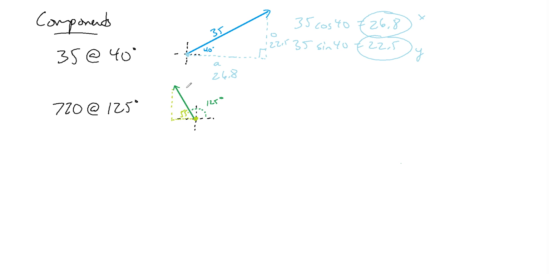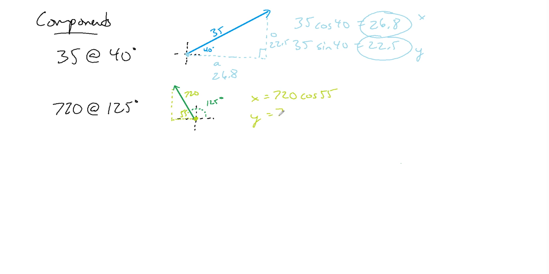Now I know this is 720 long. I know the angle there is 55 degrees. So again, I'm going to use cos and sine in order to find my x and y components. To find my x component, I'm going to do 720 times the cosine of 55.